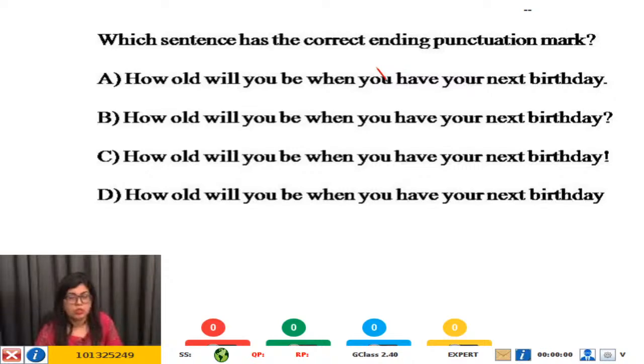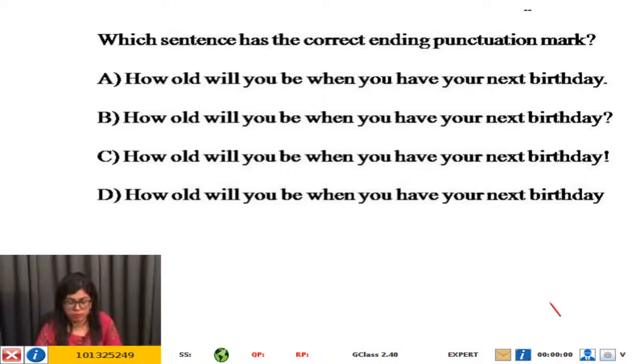Okay, students, which one will be the correct answer here? Yes, option B. Now let us look at the summary of today's class.